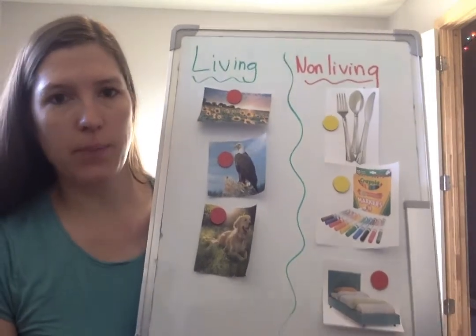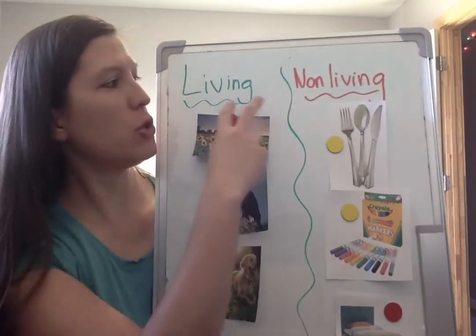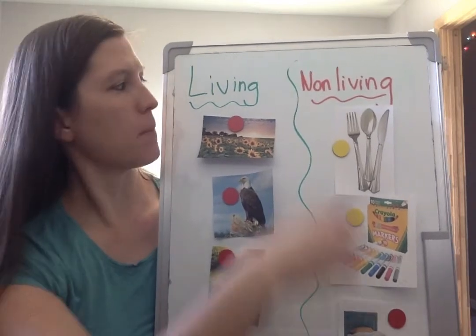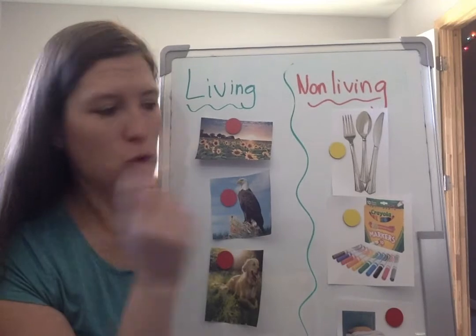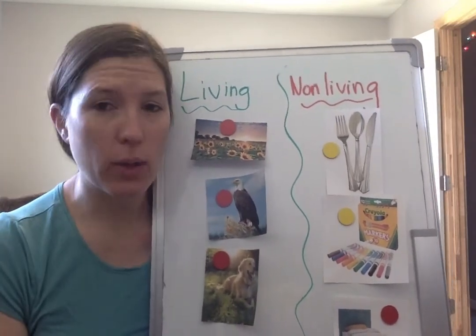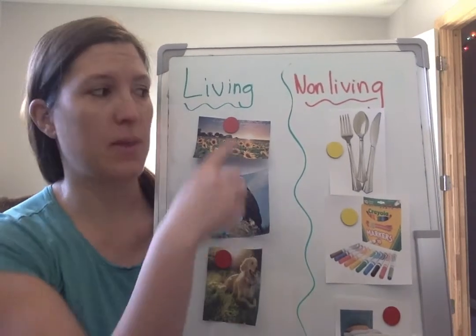So in your writing journal, I want you to draw a line just in the picture part, and I want you to think of something that's living. Try not to use one of my examples. Look around your house, go outside, draw me one picture of something that is living.